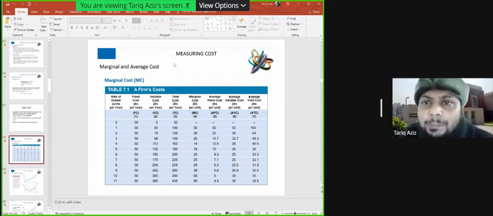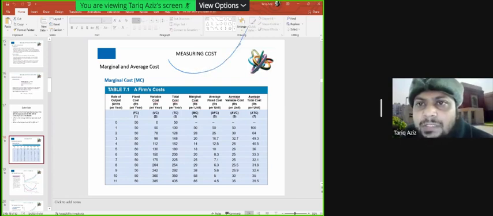So the shape of average variable cost is U shape: initially it is reducing, then it reaches its minimum, then it starts rising like this. So this is how average variable cost looks like.